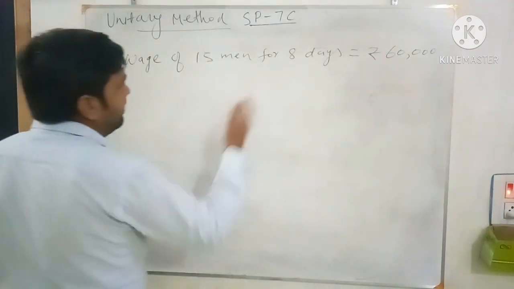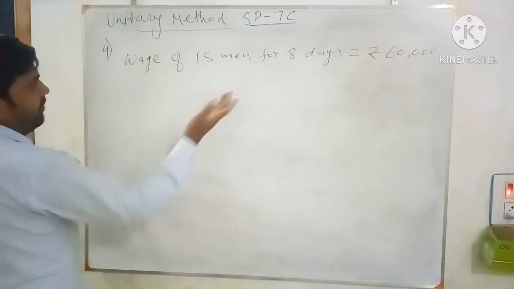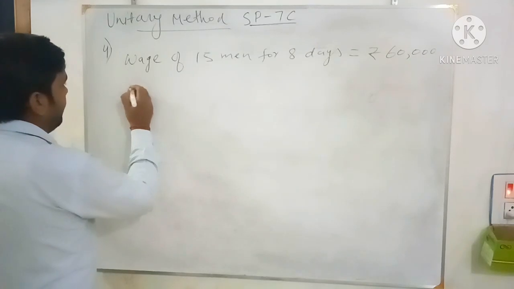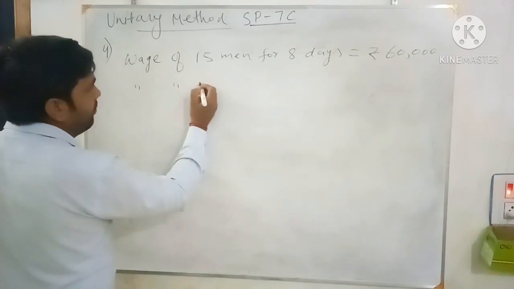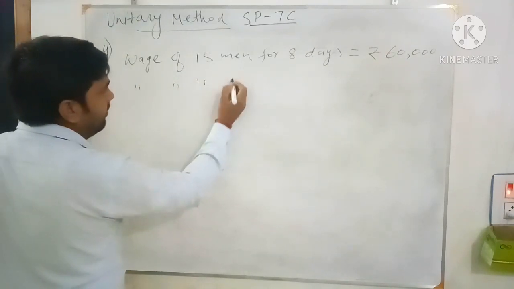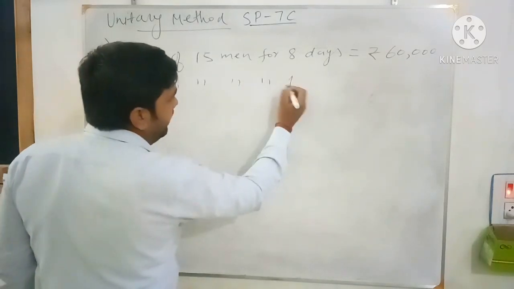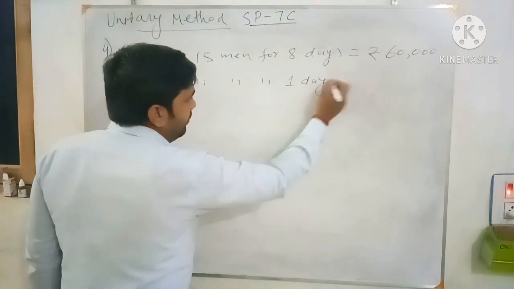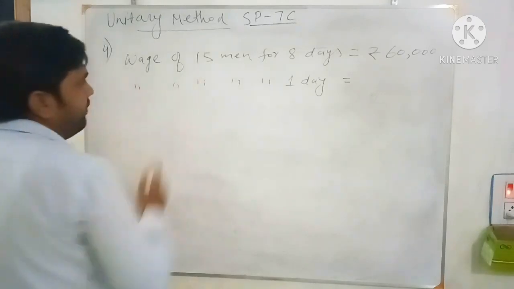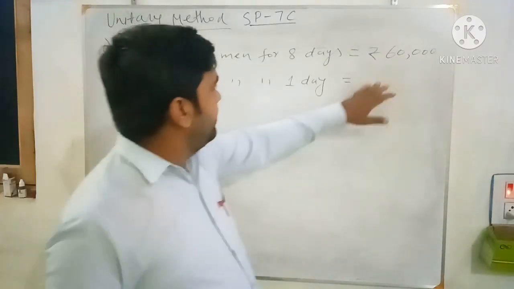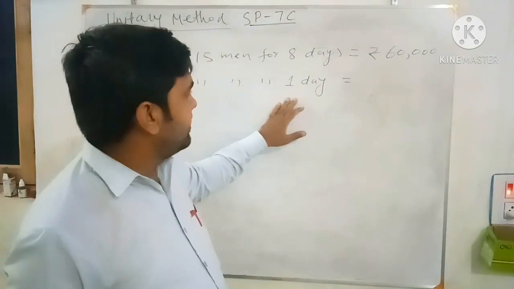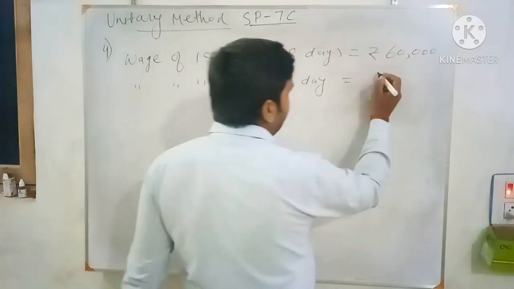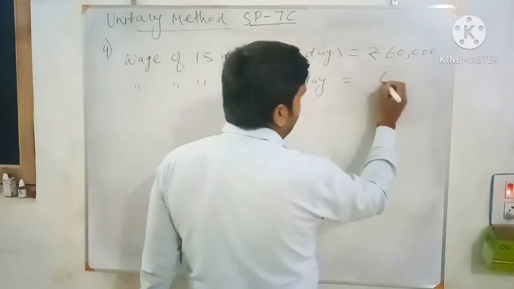So first we calculate the wage for 1 day. The wage of 15 men for 8 days is 60,000, and for 1 day the wage will be less. Now for less we divide by 8.